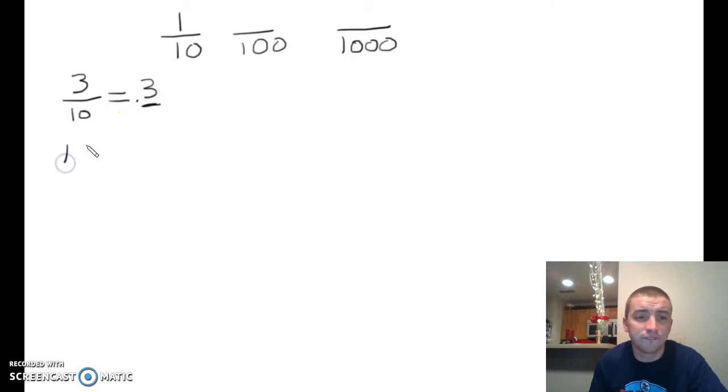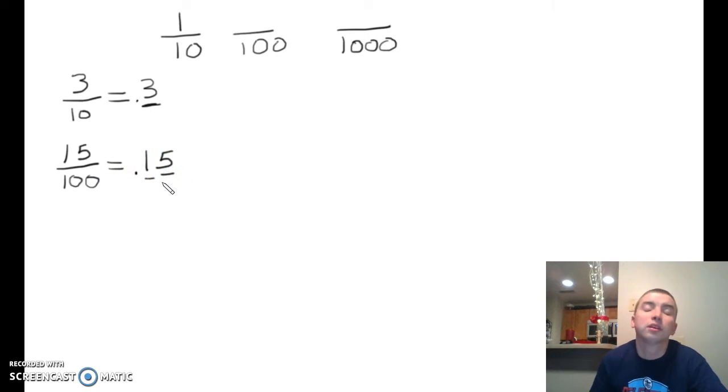I have 15 hundredths, so I have 0.15 because that 15 is in the hundredths place.